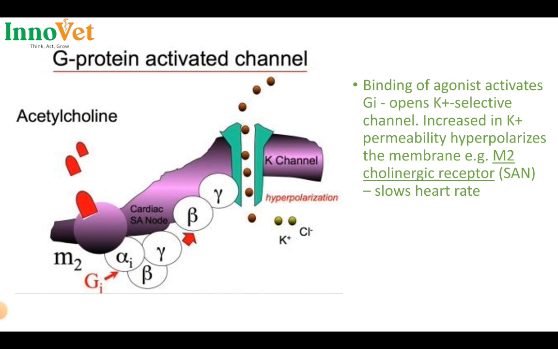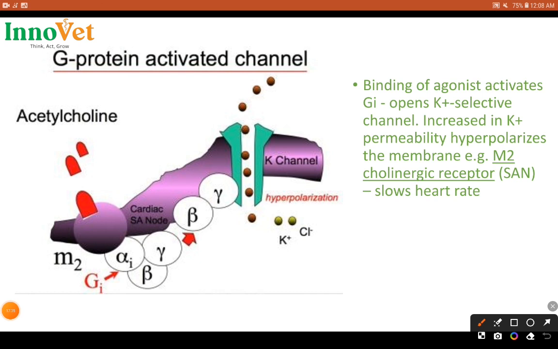So now let's look at the G protein linked ion gated channel. In this case, we are going to take an example of acetylcholine still.